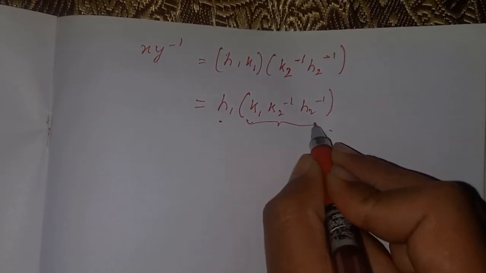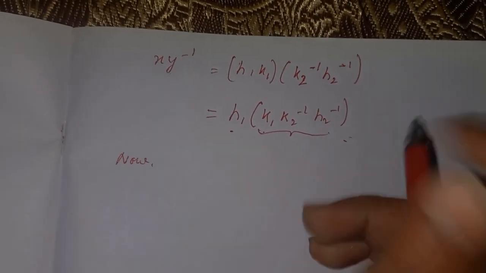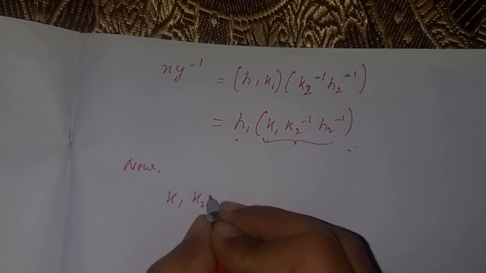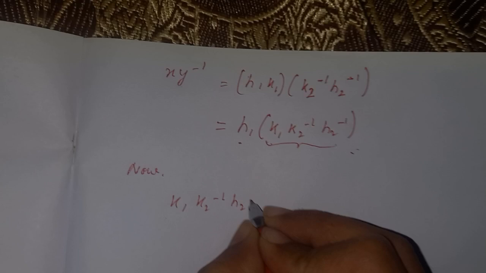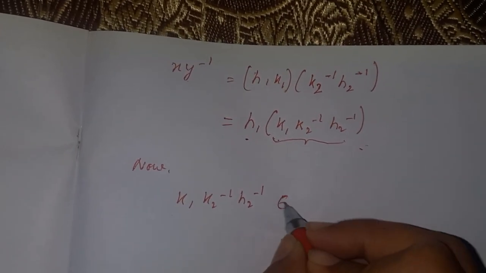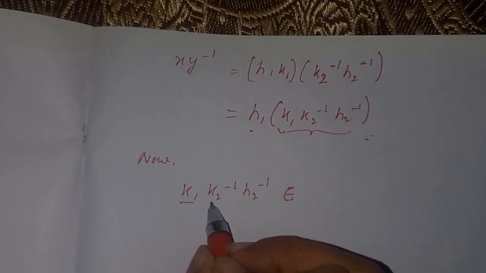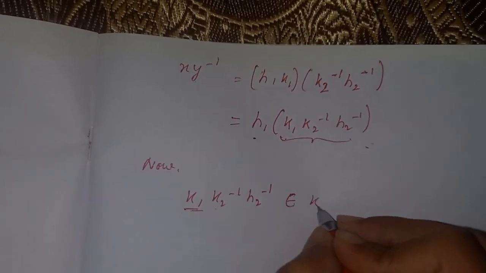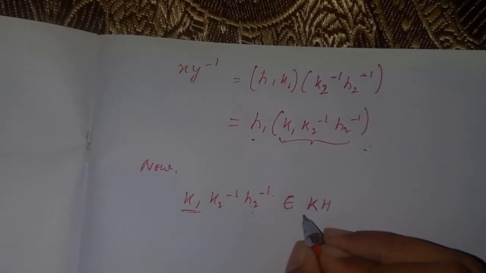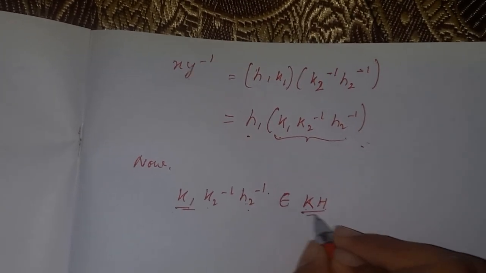So now we'll be seeing this element k1 k2 inverse h2 inverse. As you can see here, k1 k2 inverse belongs to K, and h2 inverse belongs to H, which is KH.